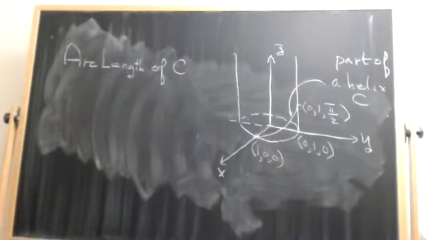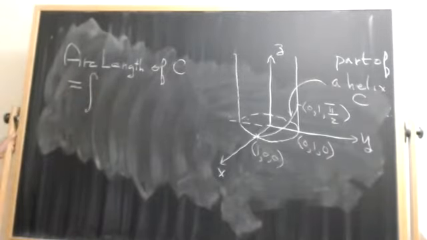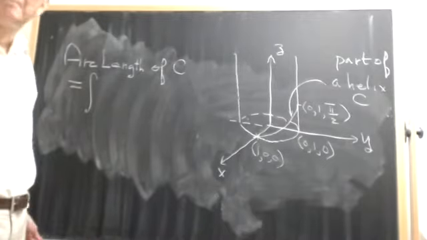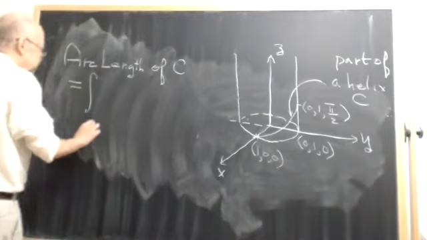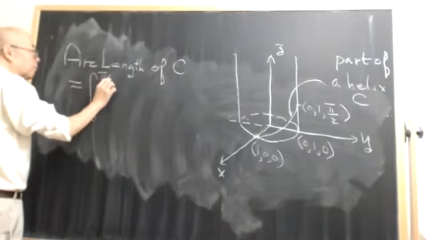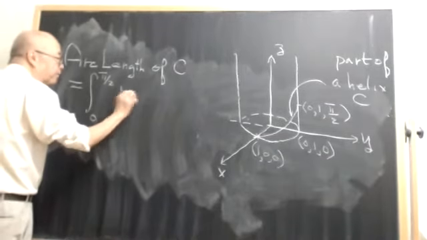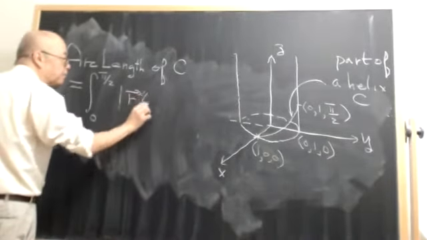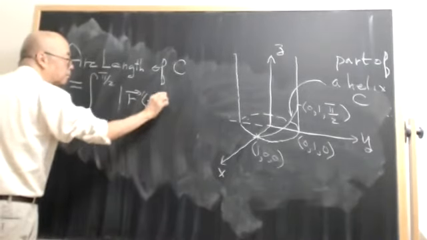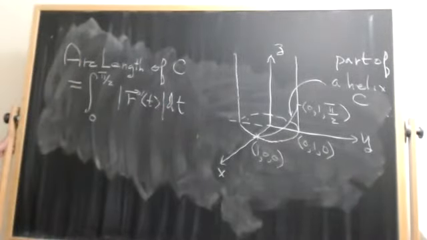Now, how to do it? Well, we use the formula. So it's going to be the integral from 0 to pi by 2 of the magnitude of the vector valued function.